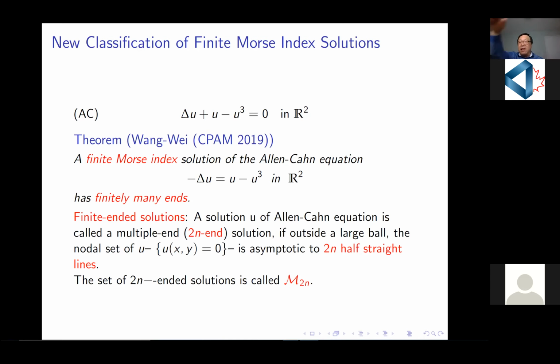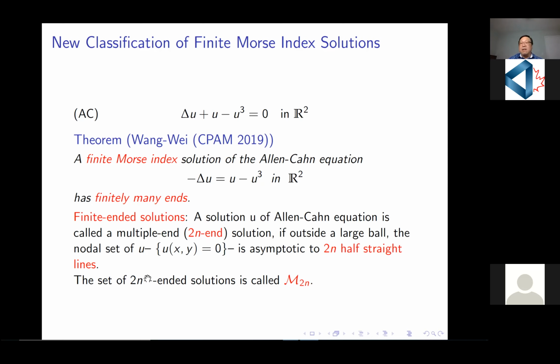So outside a big ball you have some spikes, some straight lines. Your solution goes from -1 to +1 and just jumps along these straight lines at infinity.